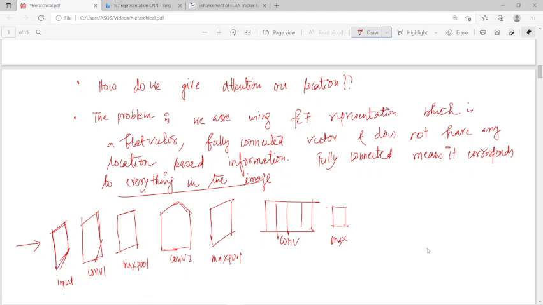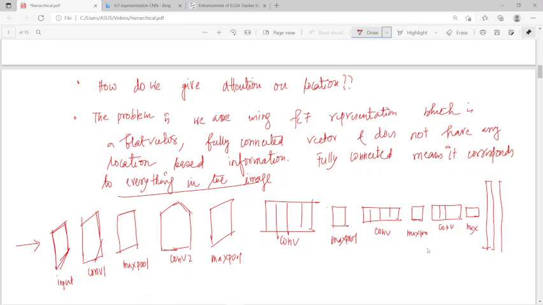Here we are reducing the features, then this is a max pool, and then we apply convolution. That means we are reducing the features, then again max pool, and again a convolutional neural network, and again max pool, and then we get a fully connected layer like that.